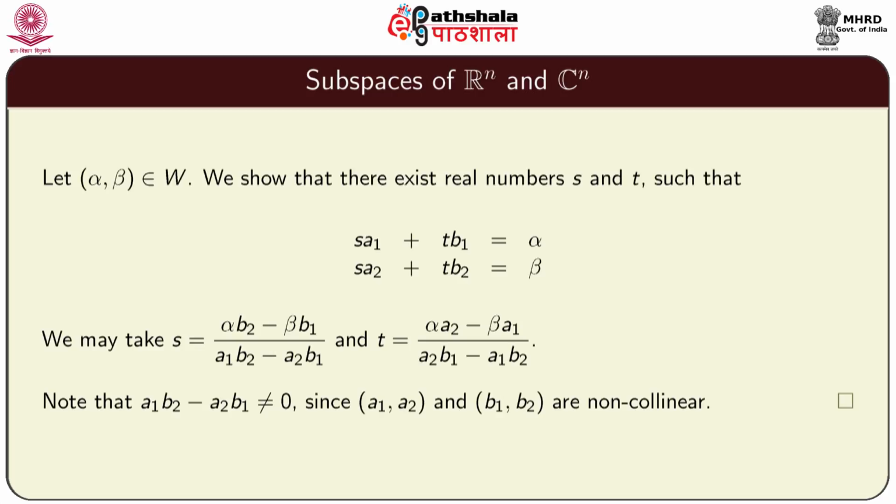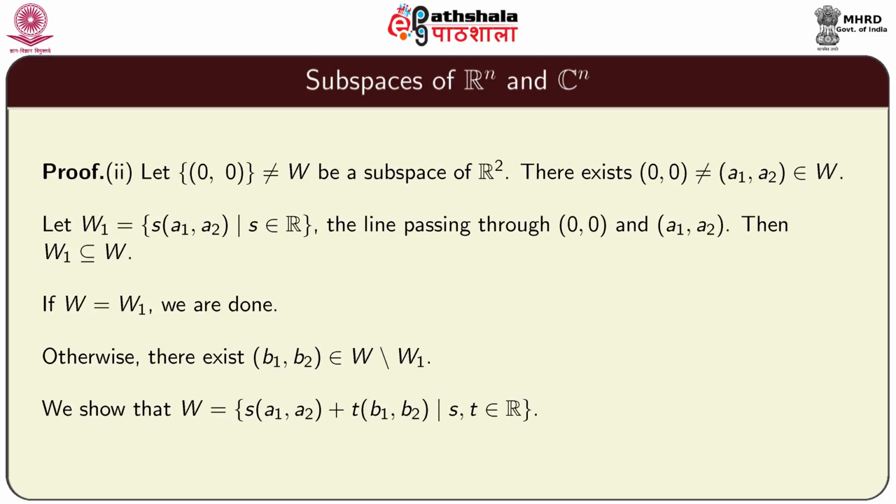If I show you the previous slide, (A1, A2) and (B1, B2) are not collinear because (B1, B2) belongs to W and it avoids W1. And what was W1? W1 was the line passing through (0, 0) and (A1, A2). So, if (B1, B2) is not in W1, that means (B1, B2) is not sitting on the same straight line passing through the origin and (A1, A2).